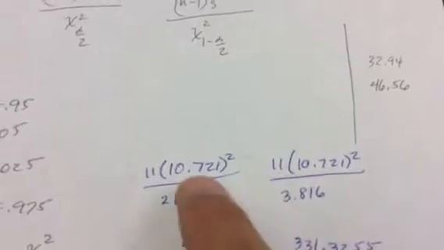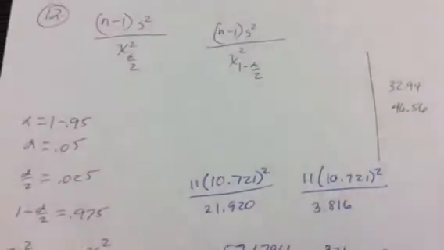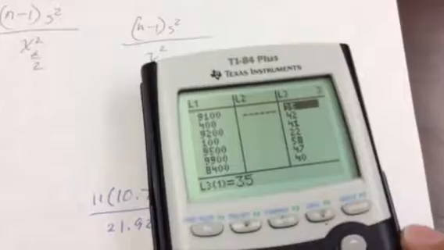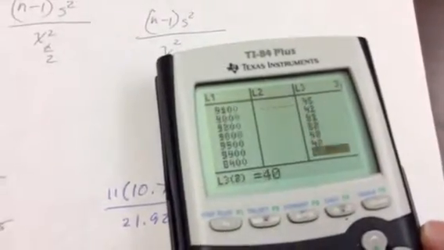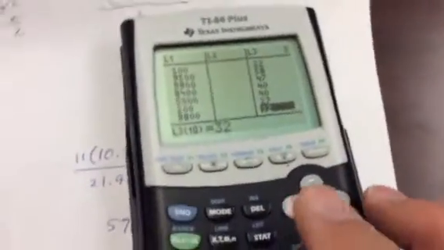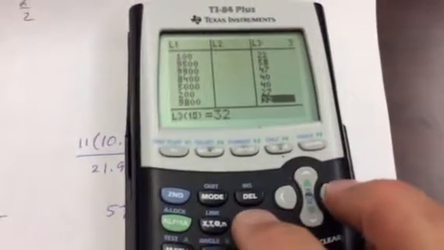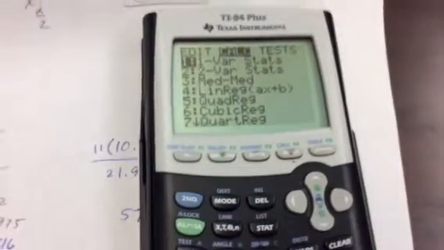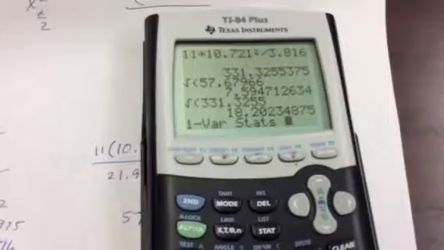Now to get the S, the 10.721, I took the data and I entered it on my calculator. I did that over here in list 3. This is the set of data they gave us. And then I did variable stats. So I went stat, calc, variable stats is number 1.